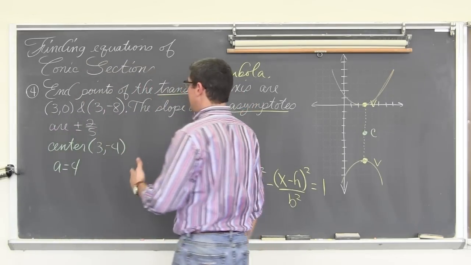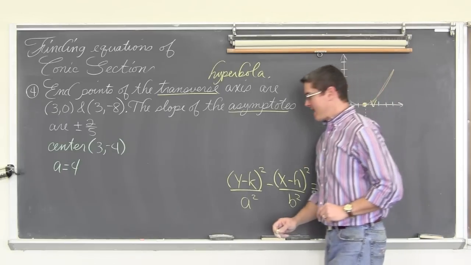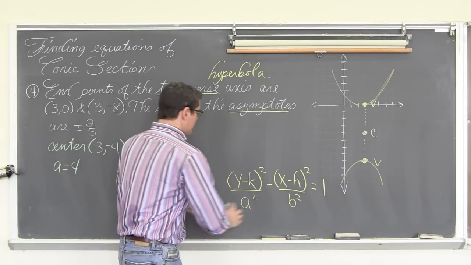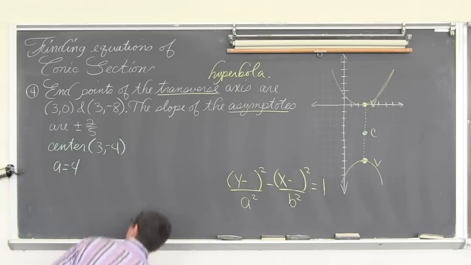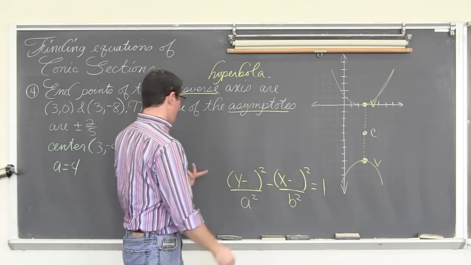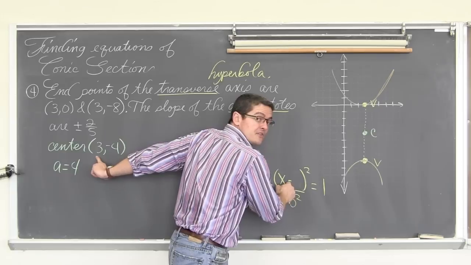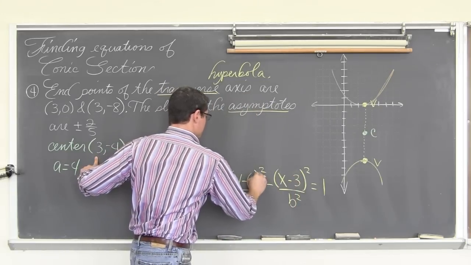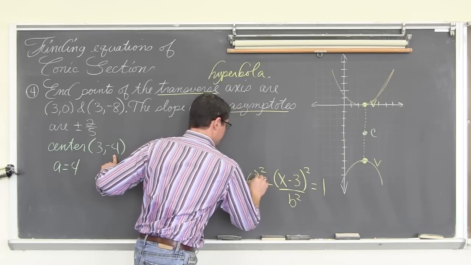So just with this first line, I haven't even gotten to the asymptotes yet, just talking about the transverse axis, we've got the direction, and we've also got the center, which is at (3, -4). It's going to be x minus the x of the center, which is 3, and y minus the y of the center, which is -4.